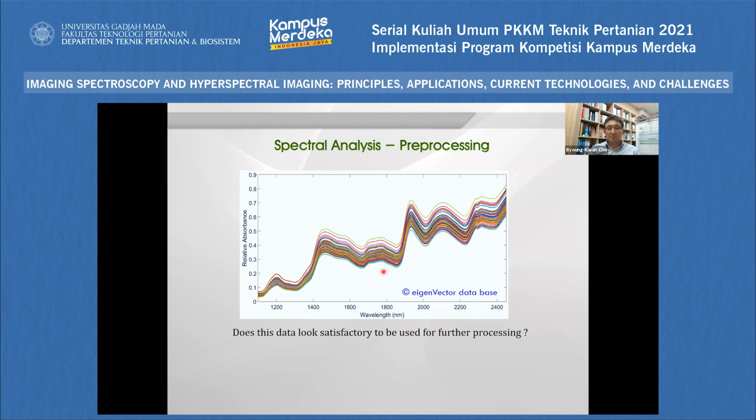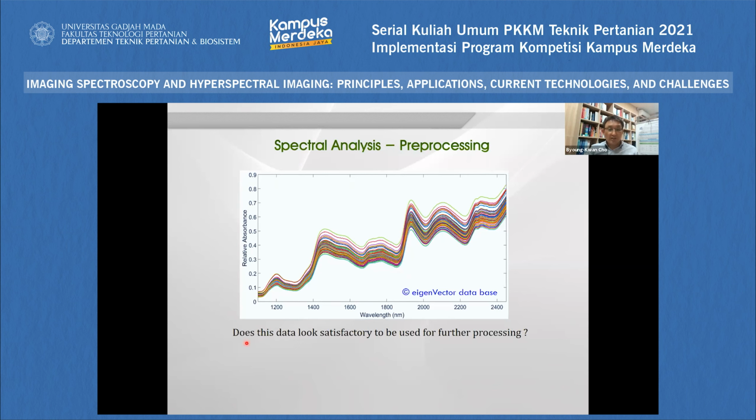Sometimes temperature is different. So it makes variation. Even if the chemical composition is the same, it looks different, the spectral intensity is different. Then how can we reduce this variation? That is about pre-processing.